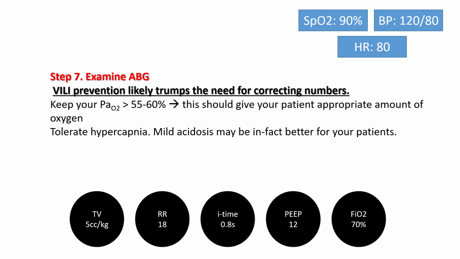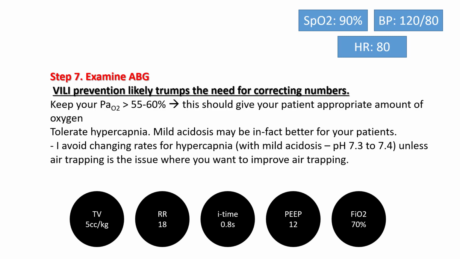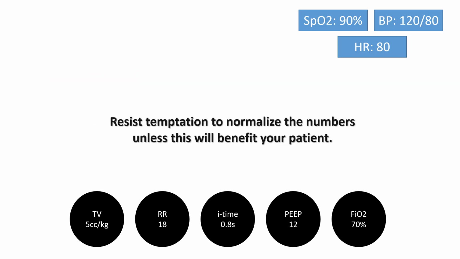I tolerate hypercapnia, and I avoid changing the rates for hypercapnia or mild acidosis unless we have air trapping issues, where the air trapping can cause more trouble. So try to resist the temptation to normalize the numbers unless the patient will benefit from changing those settings.